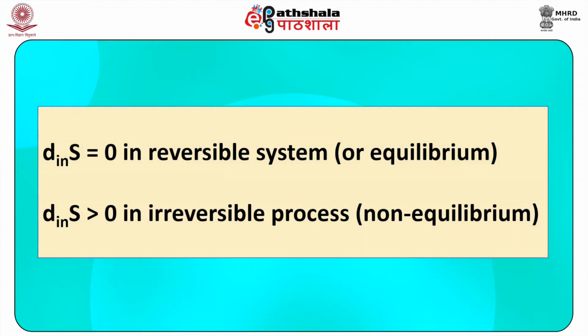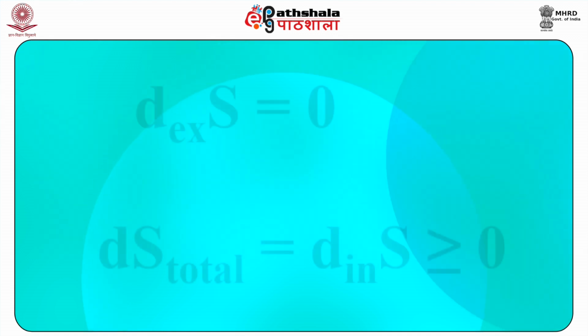Entropy change within the system can be equal to or greater than 0. Therefore, we can write dS internal is equal to 0 in a reversible system or equilibrium system, and dS internal is greater than 0 in irreversible processes or non-equilibrium system.